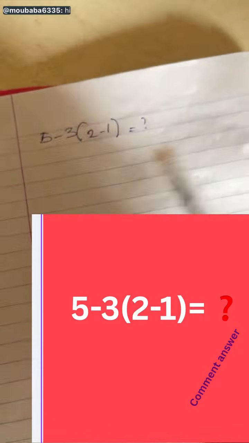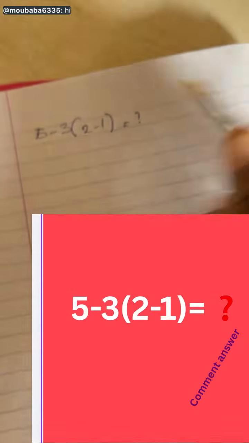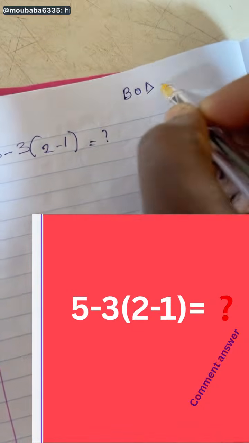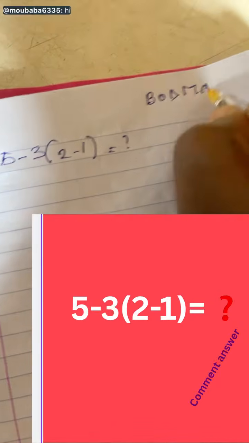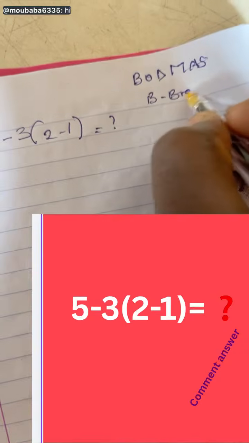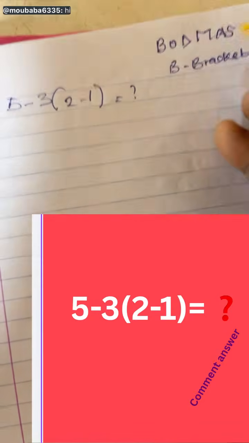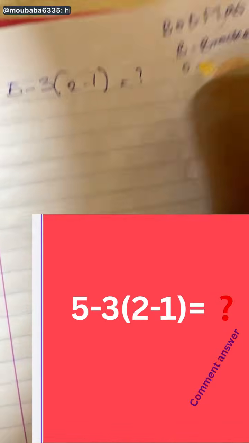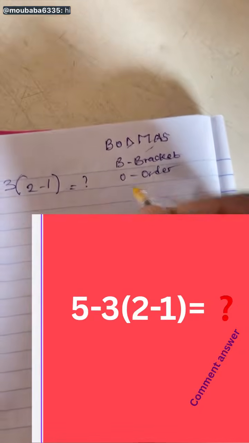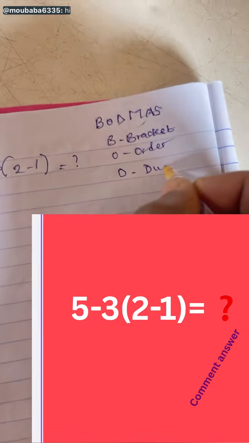So what are we going to do here? We'll first solve the one in brackets. We're going to use BODMAS. B is what? Brackets. O is the order. D is division.